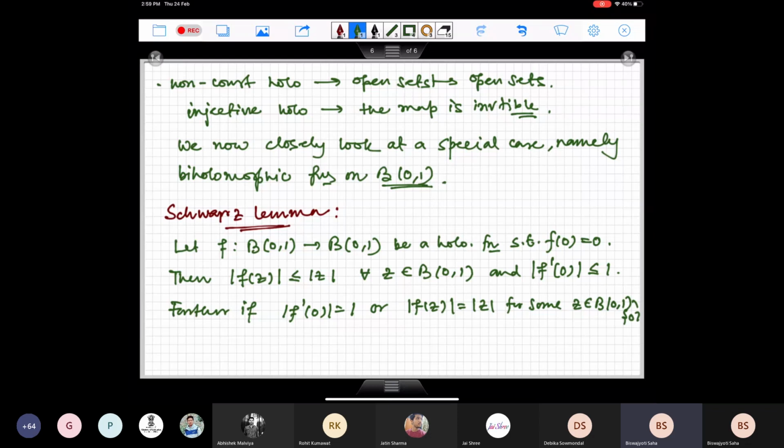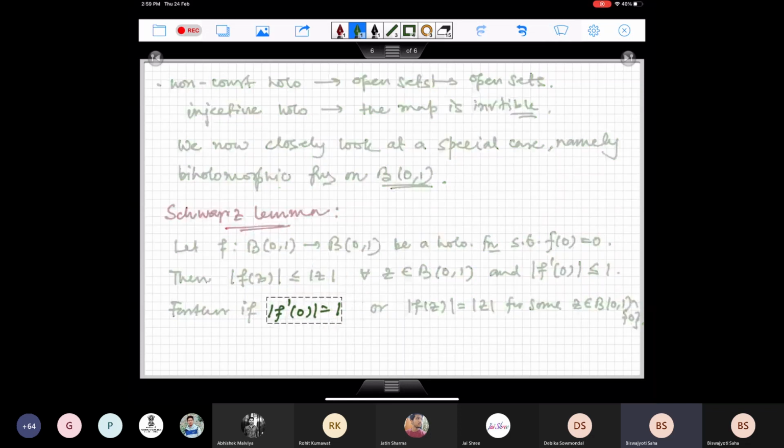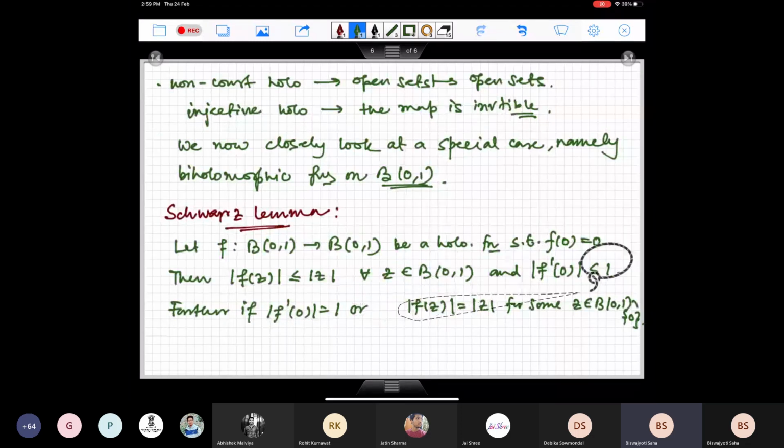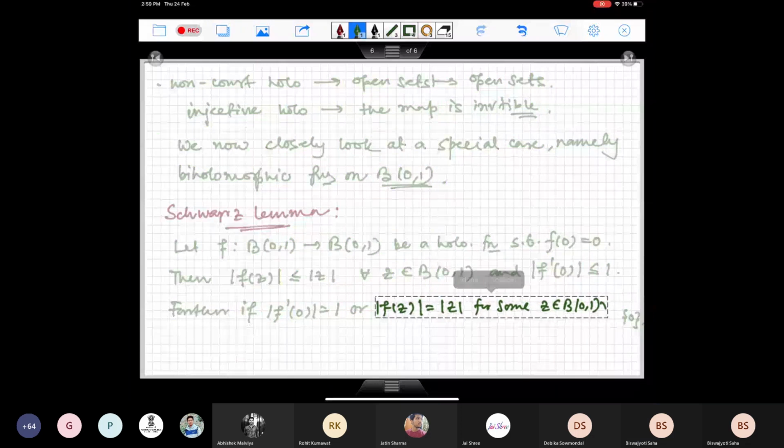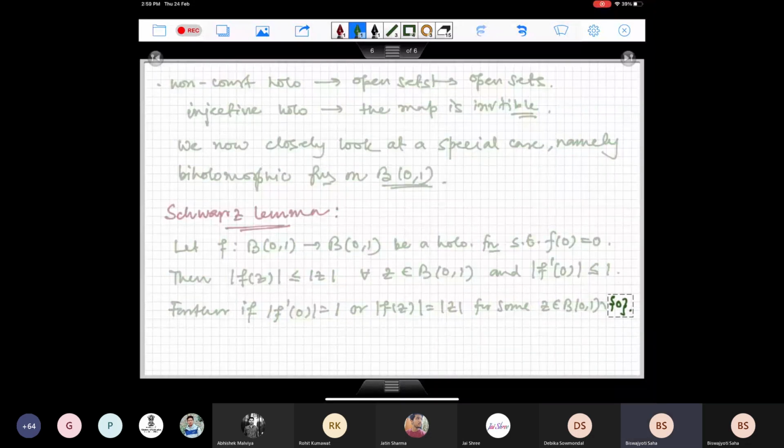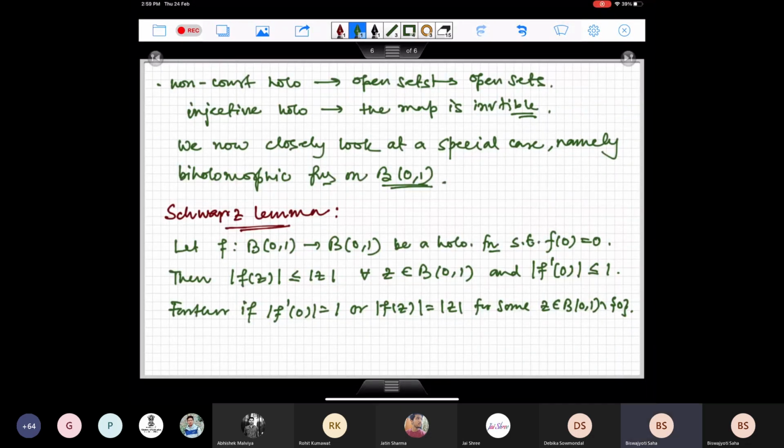Of course, at 0 the functional value is 0, so it does not really matter. If at least one of these two conditions is satisfied, I'm not even asking for more than one.